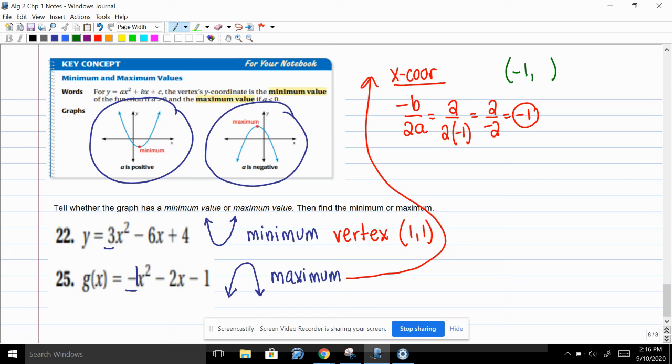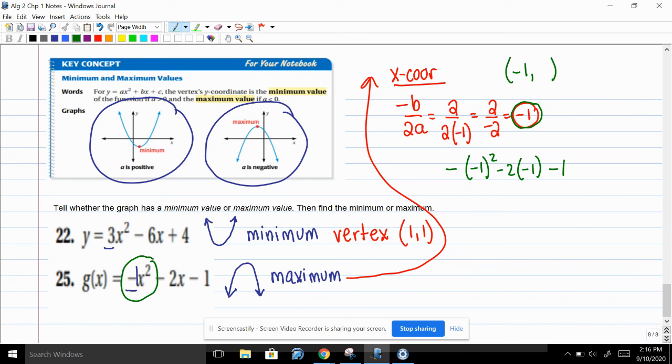To find the y-coordinate, I take that -1 and plug it in. So it would be negative, stay with me here, -1 squared minus 2 times -1 minus 1. Be careful in the front because that first negative is built into the equation. The second negative is from this ordered pair right here.